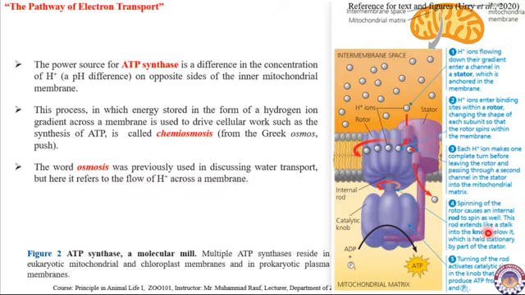This rod extends like a stalk into the knob below it, which is held stationary by part of the stator, because some part of the stator is attached to it. But because the spinning has started in the rotor region, this energy of spinning will be transferred through the internal rod to the catalytic knob. The catalytic knob will also start rotating, and in this way ATPs will be produced.